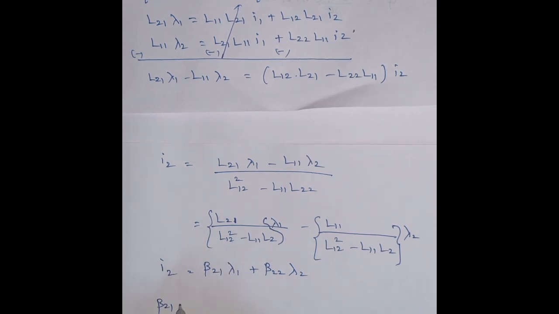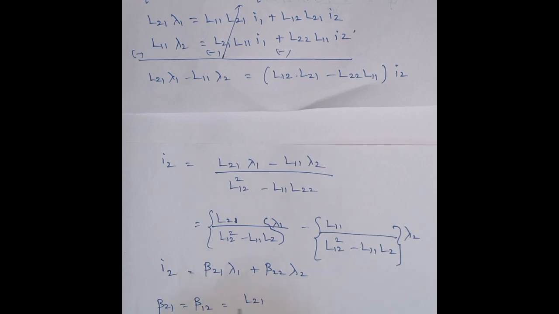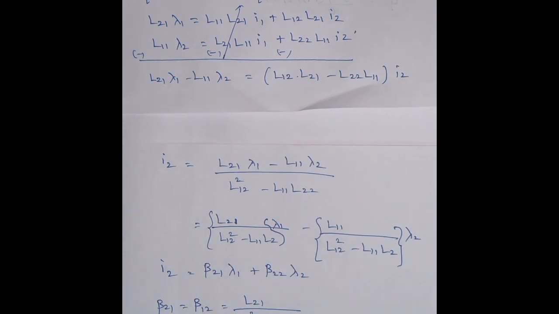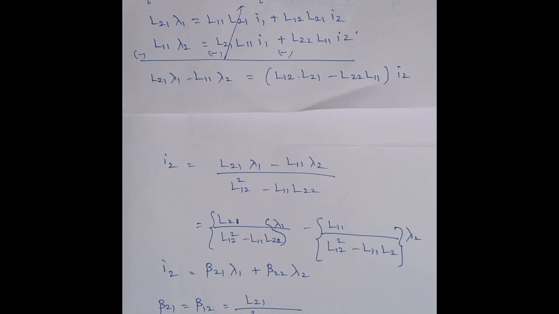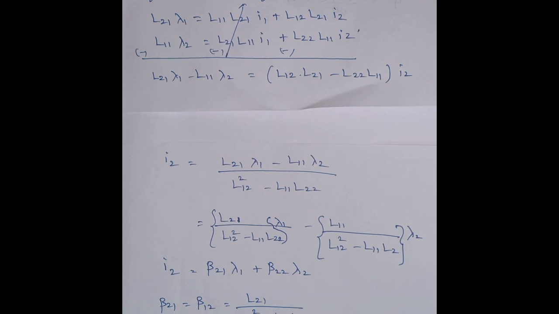So my beta 21 is this one, which will be equal to beta 12, is equal to L21 divided by L12 the whole square minus L11 L22, correct? Similarly beta 22 is equal to minus L11 divided by L12 the whole square minus L11 L22.